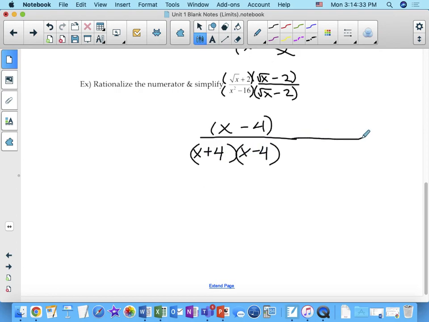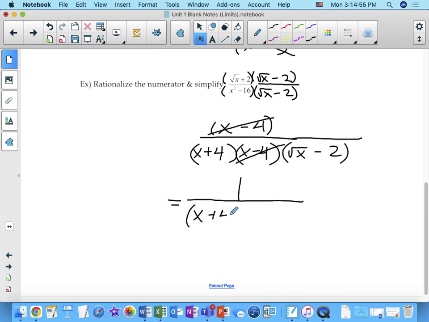And then I still have this conjugate, square root of x minus 2, left over. But then again, I get these factors that cancel. And what's left is 1 over x plus 4 times the square root of x minus 2.